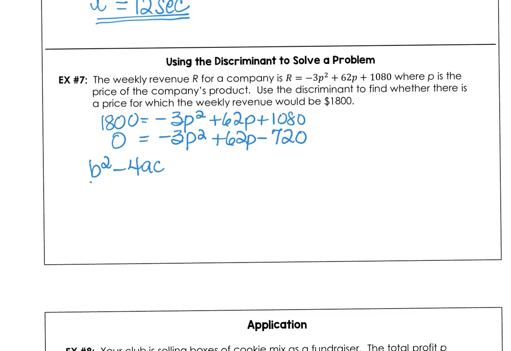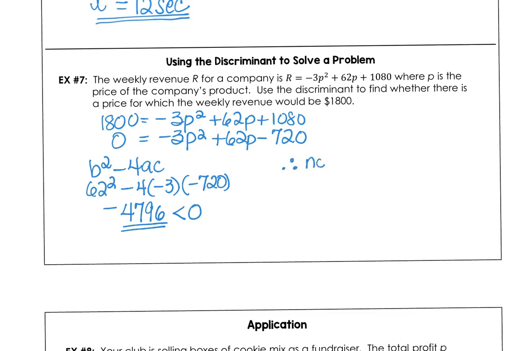And b squared is 62 squared minus 4 times a times c. And that turns out to be negative 4,796.